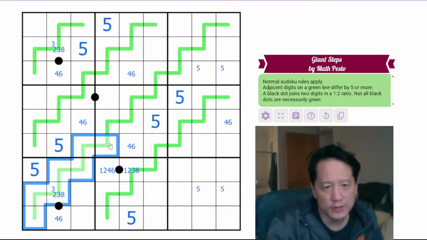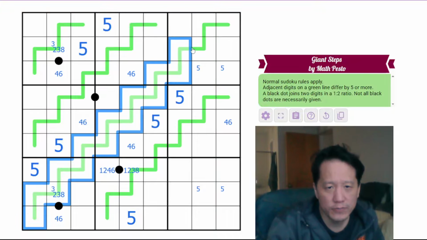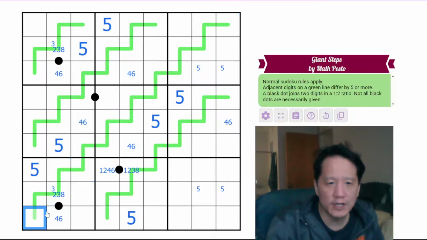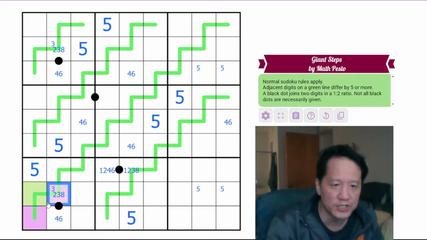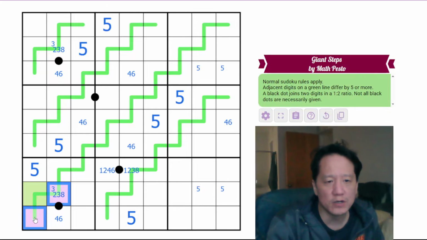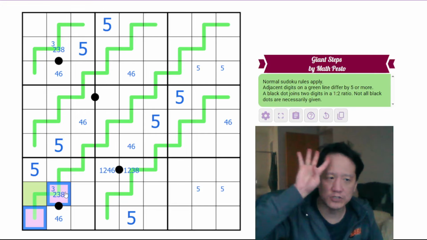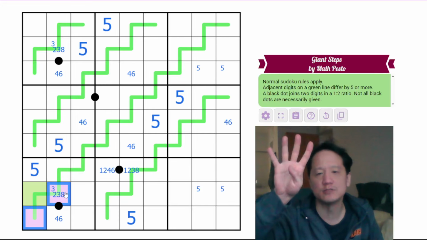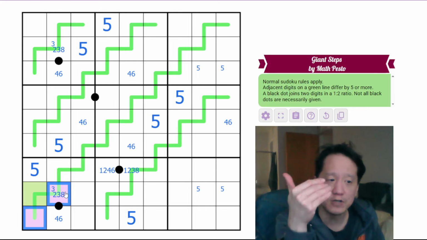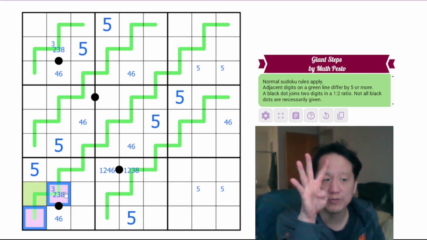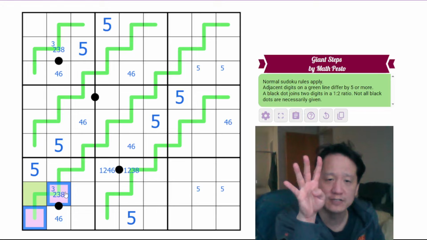Let's mark what these are. So what I like sometimes doing on Whisper 5 lines is just setting a random color and then setting the opposite color for the adjacent cells. Because we know low digits always have to be next to high digits and vice versa on a Whisper 5 line. The low digits being 1 through 4 and the high digits being 6 through 9. And the reason why you know that is, say you take 1 through 4, what digits can be next to it?